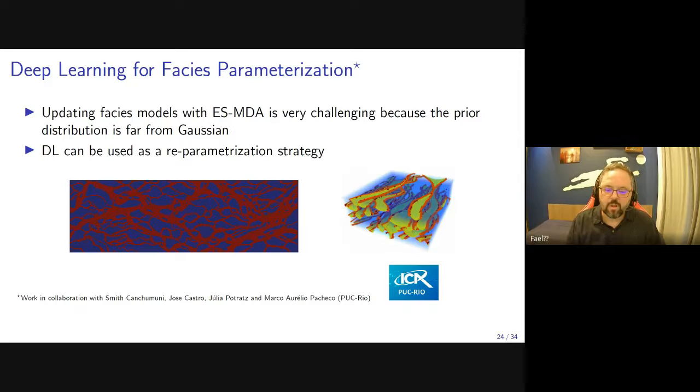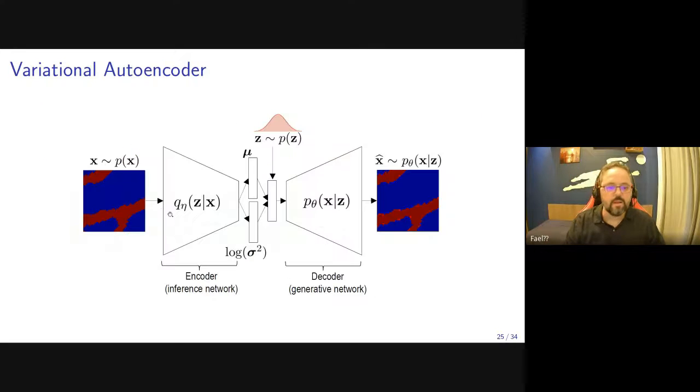And what we can try to do is apply deep learning to reparameterize this kind of model, right? There are several ways of doing that. We've been trying lots of things. Generative adversarial neural networks and all the kinds of variations that there are from GANs. But I'm going to just show very quickly a variational autoencoder, which is my favorite.